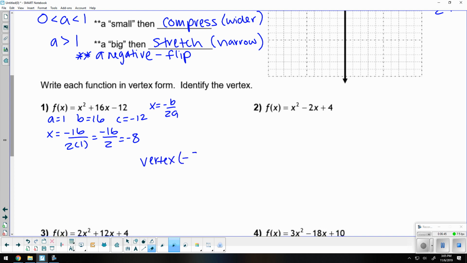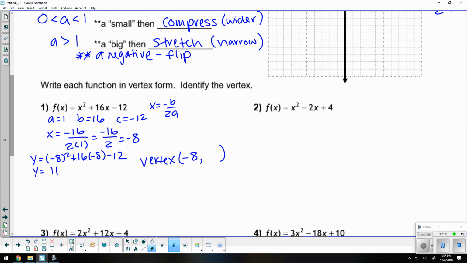Okay, so far for my vertex we have -8 for the x-coordinate, now we have to solve for the y. So again, all we have to do is take -8, plug it back into the original function. So the y-coordinate, f of x, is just going to be -8 squared plus 16 times -8 minus 12. So it's going to be kind of a big number if you look at these numbers plugged in. That's okay, we can manage.